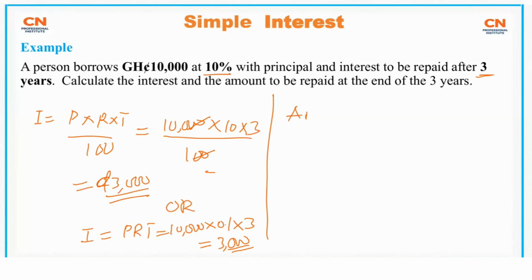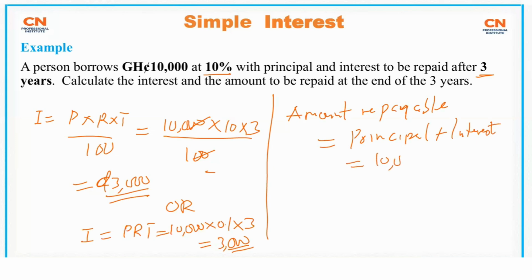Then amount repayable. At the end of the 3 years, we said it's the principal plus interest. So the principal is the initial amount borrowed, which is 10,000.